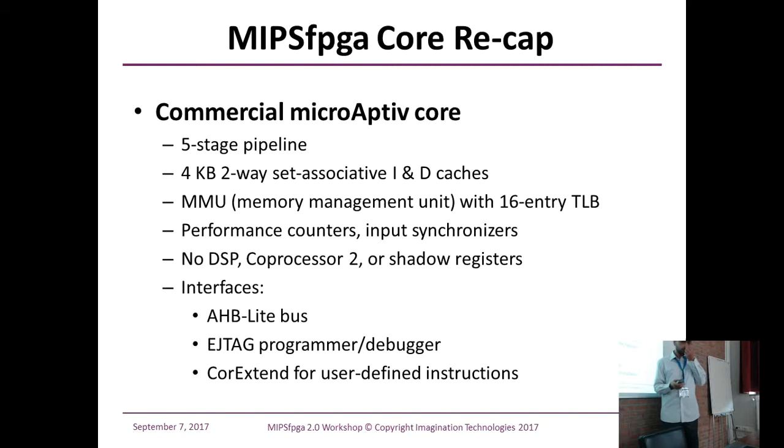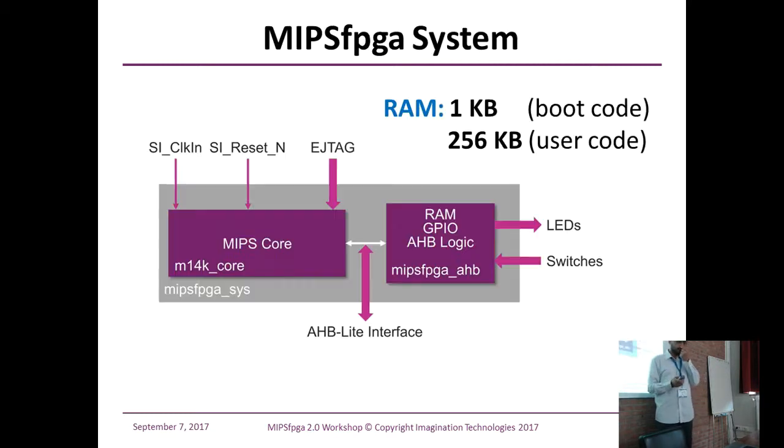Just to recap again, 5-stage pipeline, MMU, performance counters. There's no DSP, we keep getting asked about that. And you can define your own instructions using the CorExtend feature in MIPSfpga.